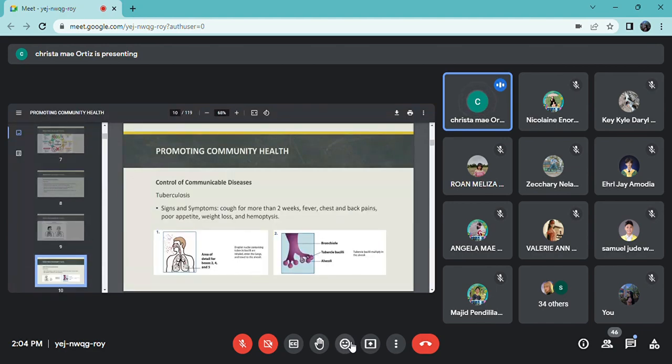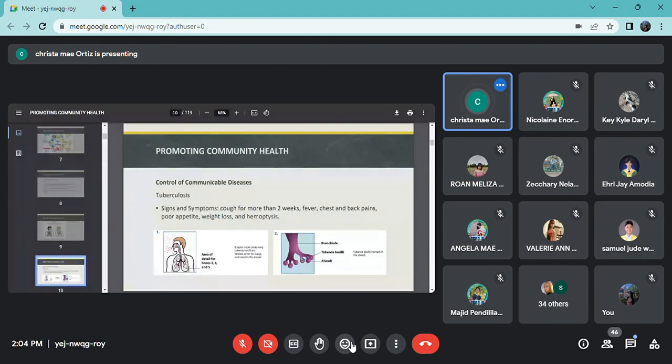So, at ano ba yung mga signs ni tuberculosis? Cough for more than 2 weeks. Sino yung mga nag-uubo dyan na more than 2 weeks na yung ubo nila? So, better na ipa-check mo na yun. It could also be na may fever siya, may chest and back pains siya, poor appetite, and ito yung makikita mo talaga usually sa mga TB patients, weight loss.